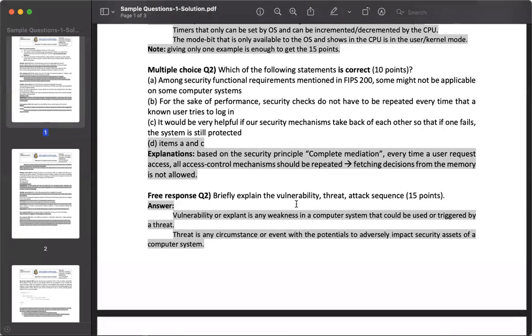The exam assumes that you have studied the resources and know where, for example, the definitions are. So when you're asked about the definition of vulnerability, threat, and attack, you can just open your slide and answer it. But if you don't know where it is, it might take a lot of time to find, because it's a lot of slides and a lot of videos.